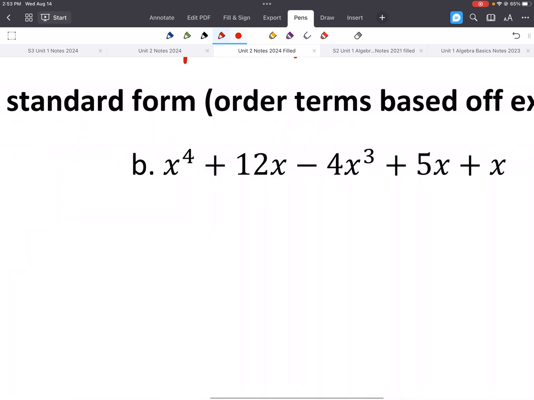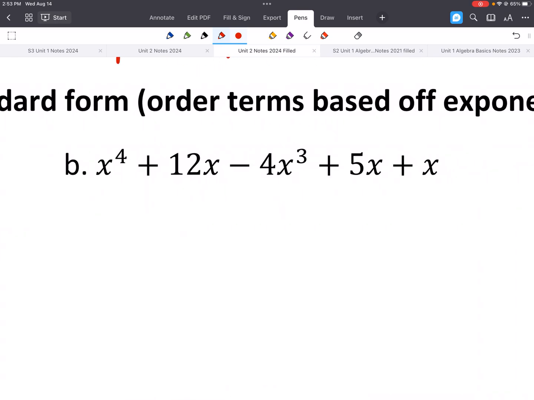Okay, I'm going to shoot through maybe this last example. All right, so again, always start with your highest. Here is our highest, our x to the 4th. Our next highest would be our x to the 3rd. It has no other like terms, so we'll just write it down. Next would be our x's, and that's all the rest. They all have x's.